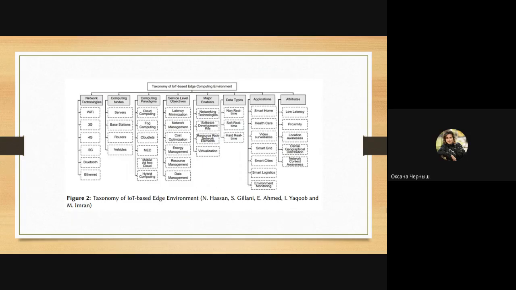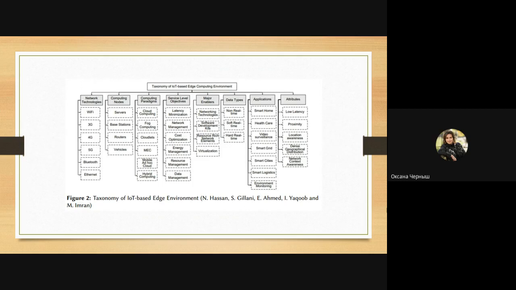The study addresses several further questions on edge computing, which is a comparatively new area of research. However, it has been successfully established and described by Hassan, Gilani, Ahmed, Yaqub, and Imran. The scientists bring some information about the role of edge computing in the Internet of Things.